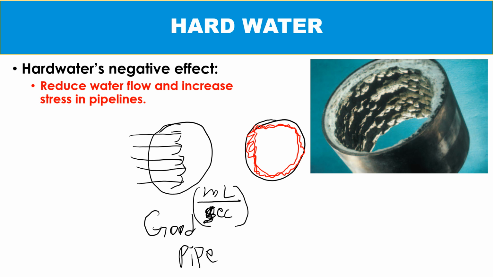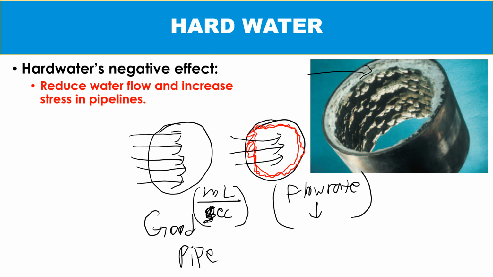If you think about how much water passes through this nasty pipe with the scale, you will notice that it definitely has less flow rate. So flow rate goes down, which means stress builds up more and more. And in fact, sediment also will build up more and more. That's where I'm going to end for today's class.